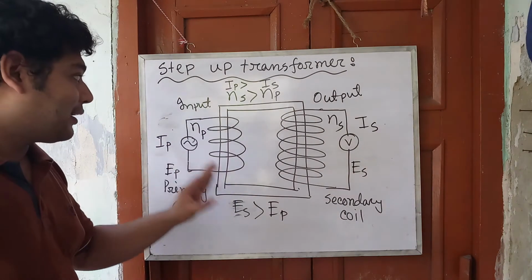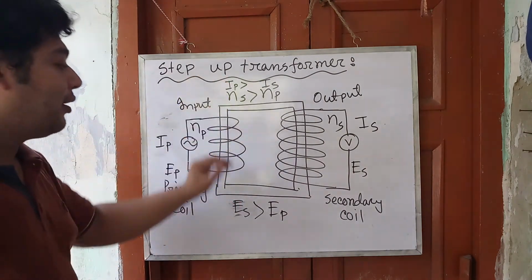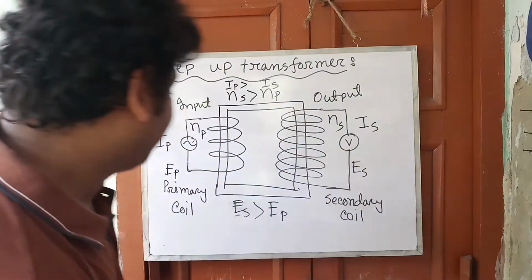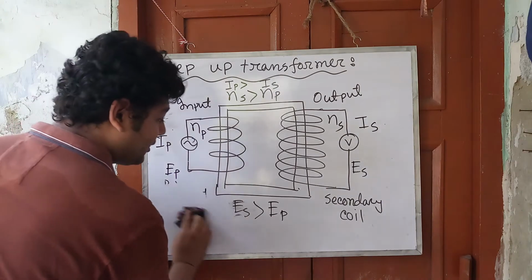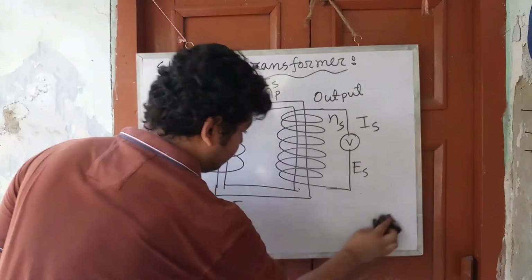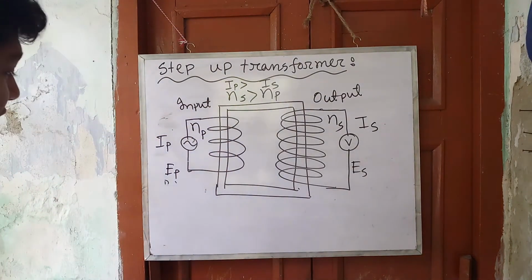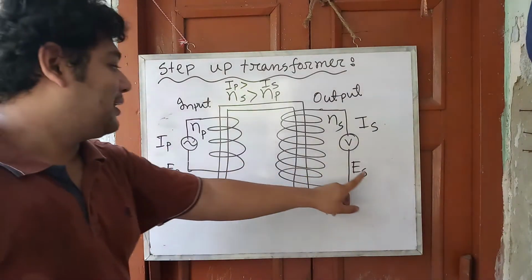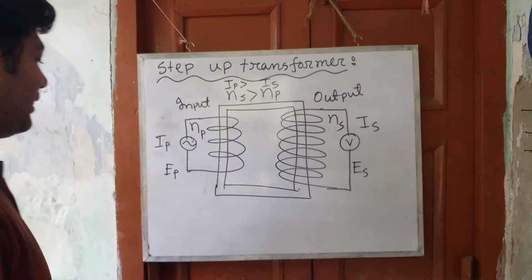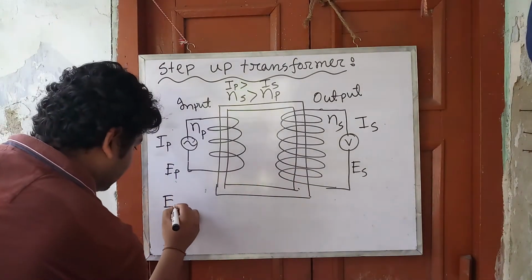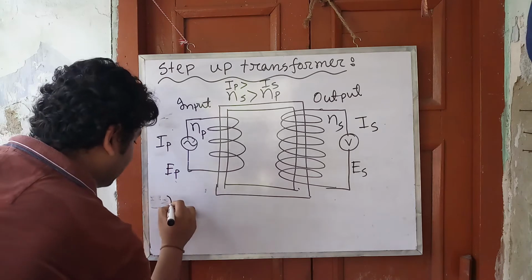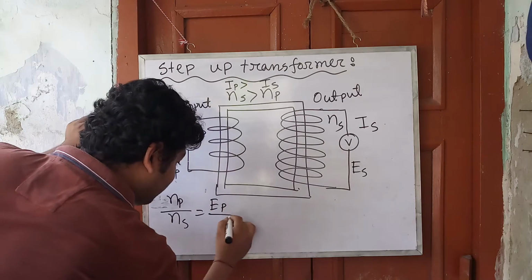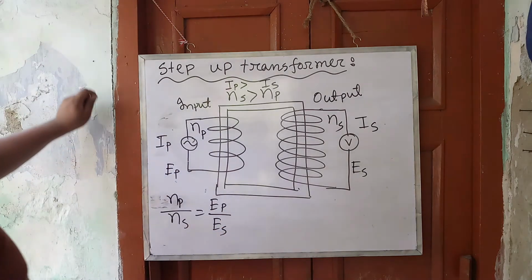Now we can get the relations among these terms. The relation between EP and ES, NP and NS is NP by NS equal to EP by ES.